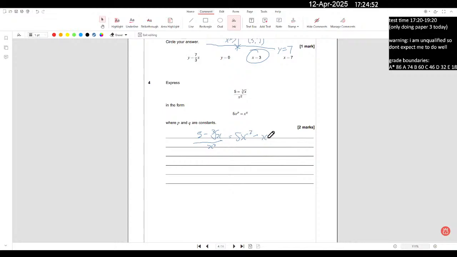Negative 5 over 3. I think so anyway. So yeah, p equals negative 2, q equals negative 5 over 3.